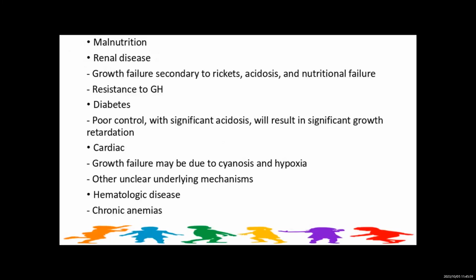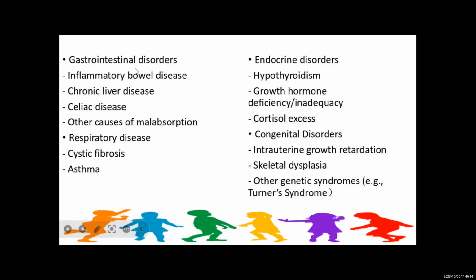We have some cardiac diseases, hematologic diseases, basically chronic anemia. When we have chronic anemia, it can even affect growth. Apart from that, we have the gastrointestinal disorders. I think you were pointing that out, right, when you were talking about the genetic disease leading to chronic diseases, like, for example, celiac disease, chronic liver disease, inflammatory bowel disease, whatever causing malabsorption.